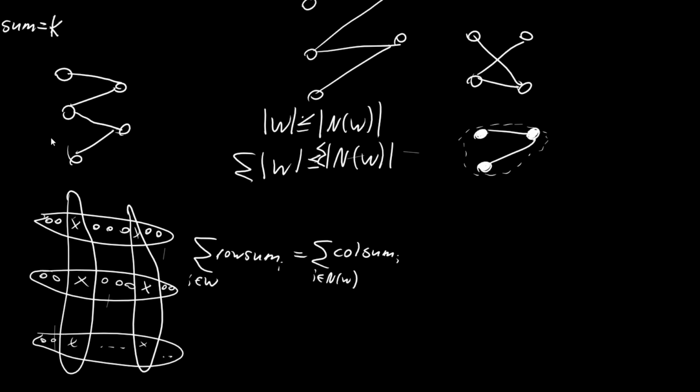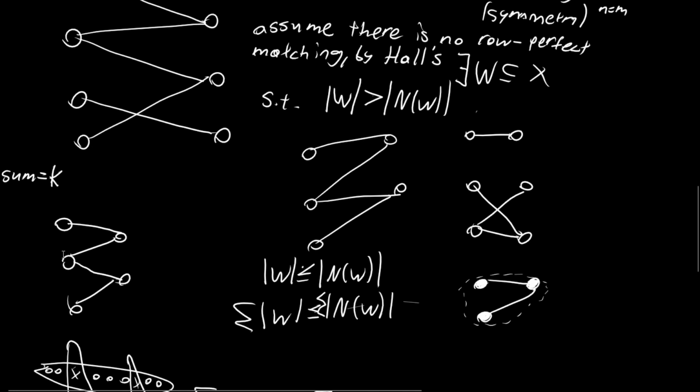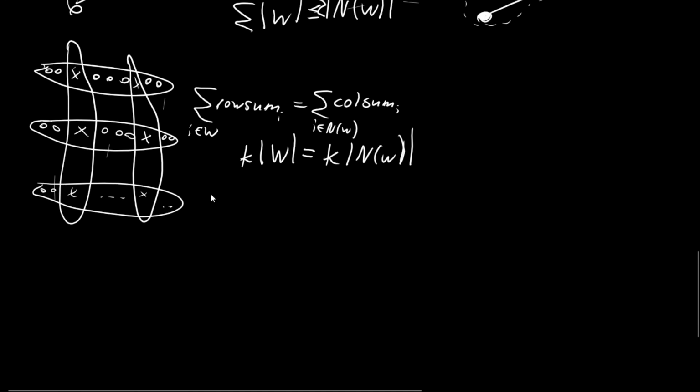However, since all the sums are the same because it's connected, and we let it equal k, we have k times the size of W equals k times the size of N(W). But since this does not satisfy the marriage lemma, we have that the size of W is greater than the size of N(W).